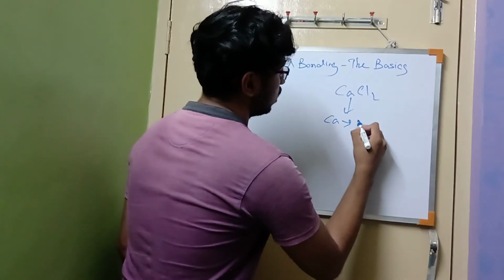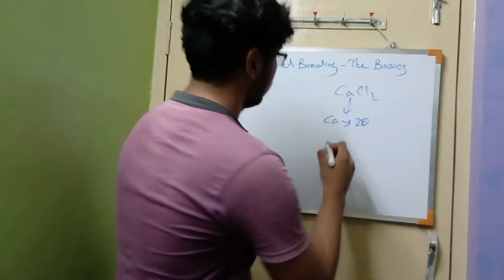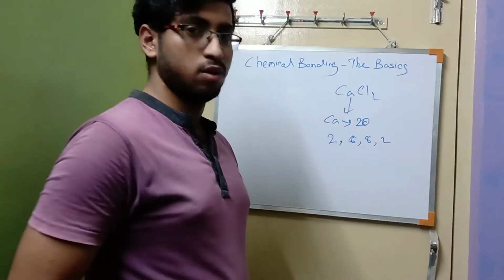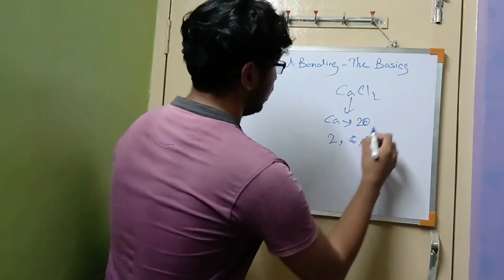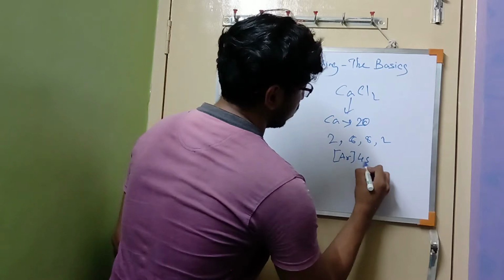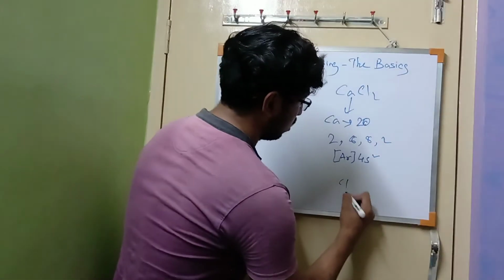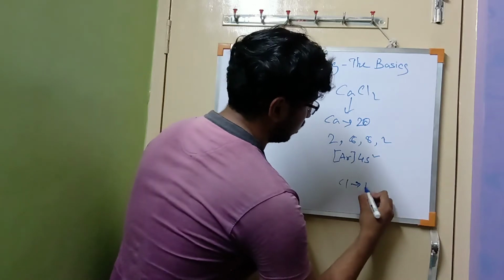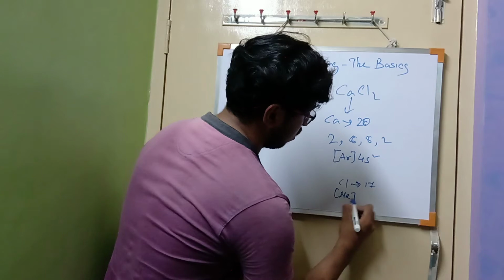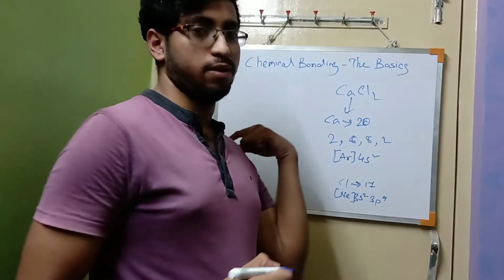We all know that calcium contains 20 electrons. What is the configuration? 2, 8, 8, 2. So basically it contains the configuration of argon and 4s2. And we know from the previous example that chlorine contains 17 electrons, neon 3s2 3p5, that configuration.